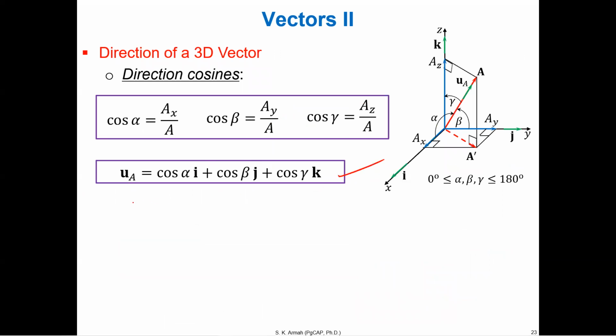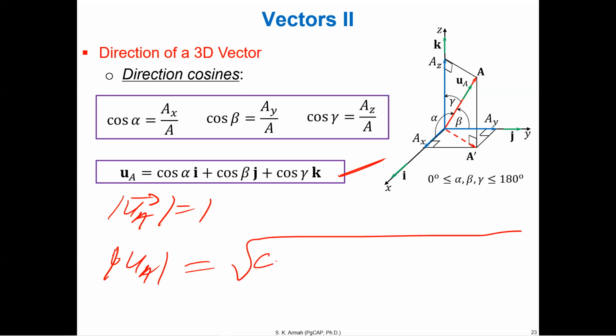In class, what I said is the magnitude of every unit vector is 1. So if you want to find the magnitude of this unit vector written here, it is the square root of cos square alpha plus cos square beta plus cos square gamma.